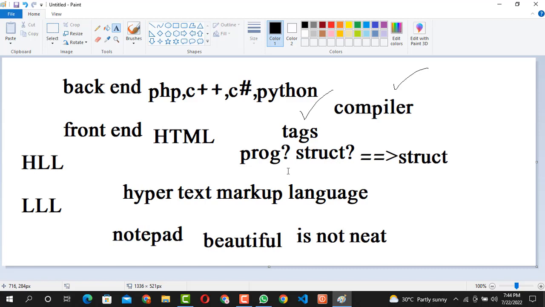Your code must be neat, beautiful, and well aligned. So these are the things that you need to memorize while working on HTML. These are the structural things that I have defined for you in HTML, and you have to look at these things.